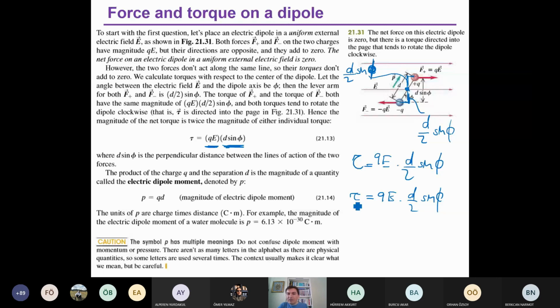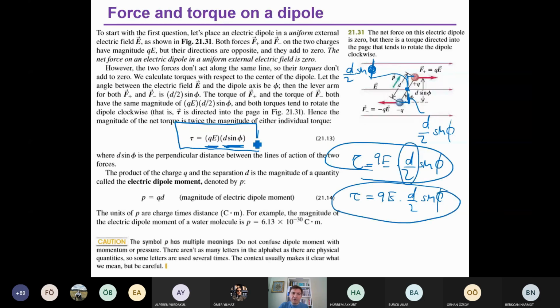What about the net torque acting on this system? The net torque is this one plus this one. Then here I have d/2 and here I have d/2, so together d. QEd sin φ. This is the net torque, the magnitude of the net torque.